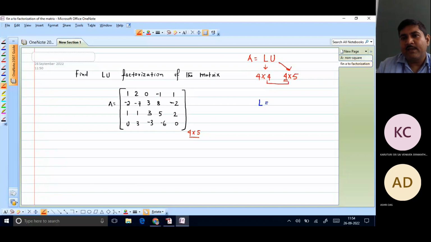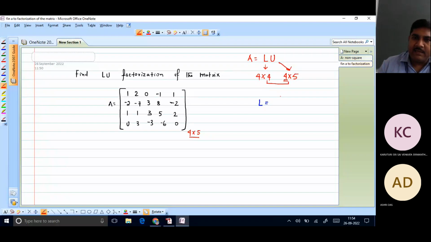When you have two matrices of size m by n and n by l, you can multiply them; that means the number of columns of the first matrix should match the number of rows of the second matrix. So U has the same shape and size as A, and L I assume to be 4 by 4.